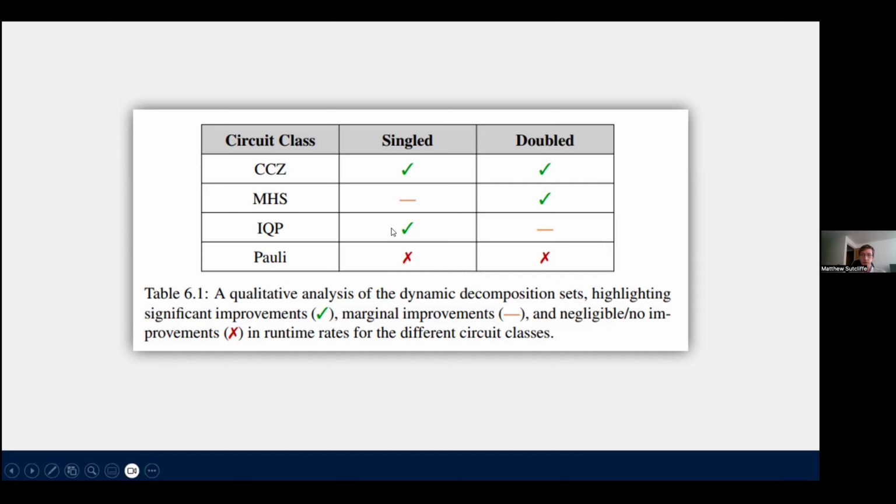And for IQPs, circuits which are useful for quantum supremacy benchmarking, apparently, though it's slightly debated, our single decompositions are effective, while the doubles aren't. And lastly, fully random circuits didn't really see any improvement, but these are the least realistic type of circuits that we consider anyway, so we're not too fussed about that. And this is essentially the conclusion of the paper.